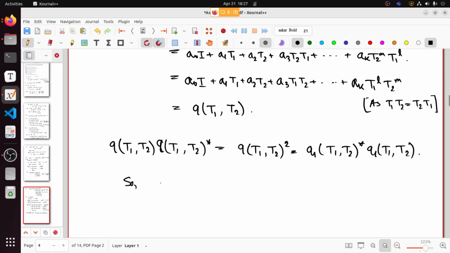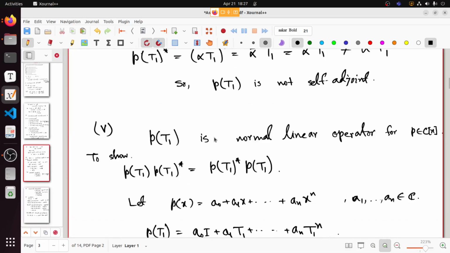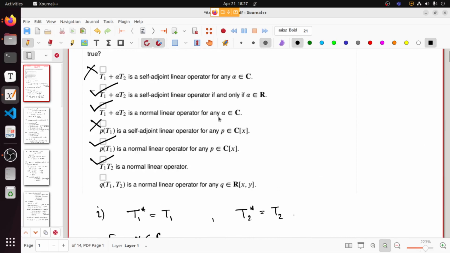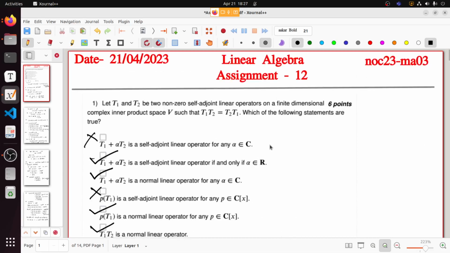So q(T1, T2) is a normal linear operator. So option number 7 is correct. So the first question is done.